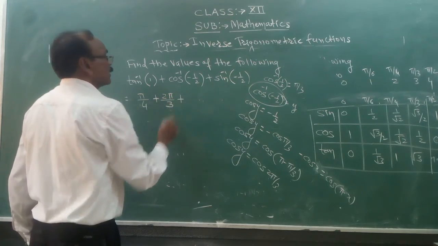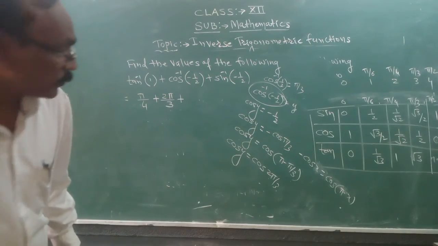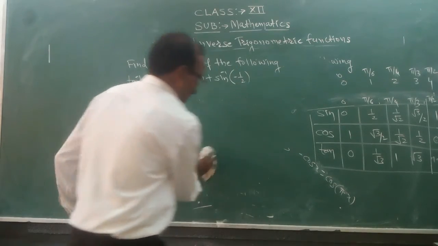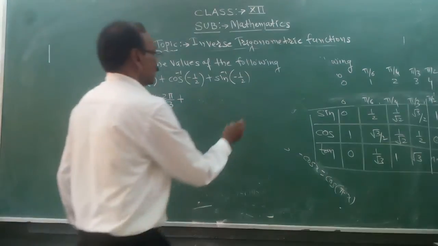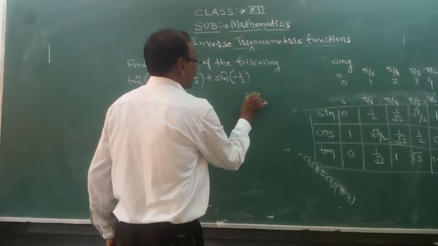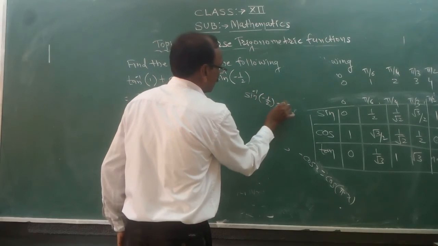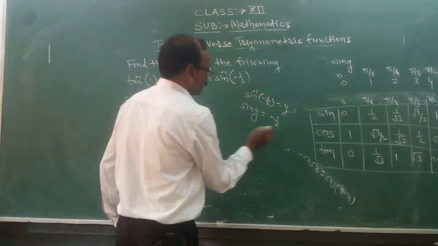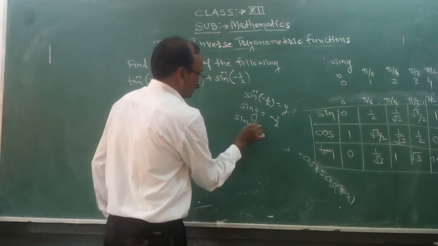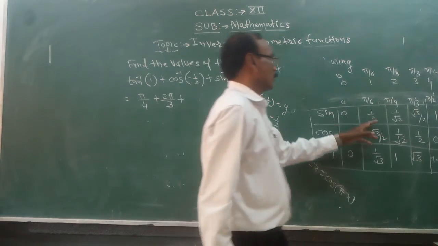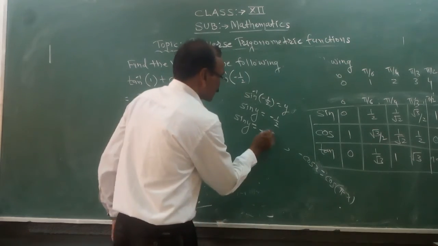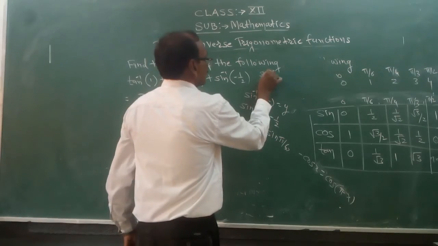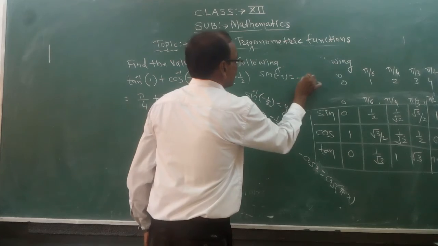2 pi by 3 plus sin inverse minus half. Sin inverse minus half, roughly you can do here. Let sin inverse minus half equal to y. Sin y equals minus half. For 1 by 2 it is pi by 6, sin pi by 6, and sin of minus x equals minus sin x.